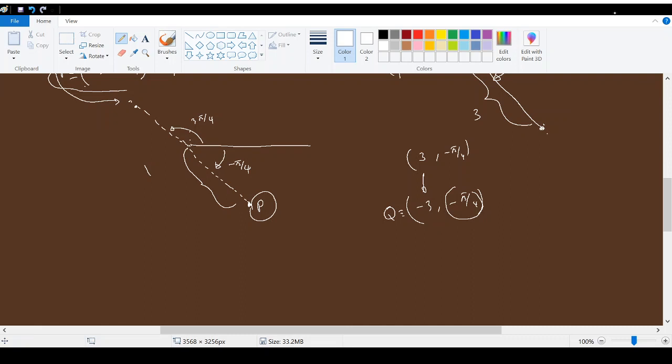Now if you have this as 3 and this as 5, then in this case also theta will be equal to tan inverse 3 over 5. But here also it is tan inverse 3 over 5, though actually we need this angle.